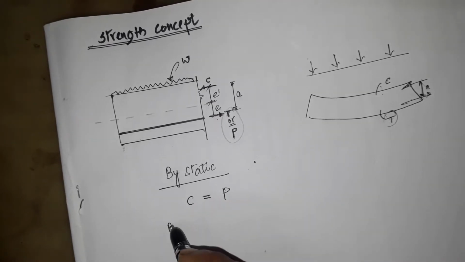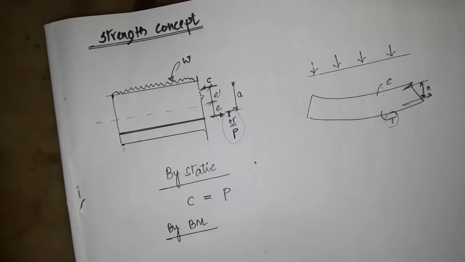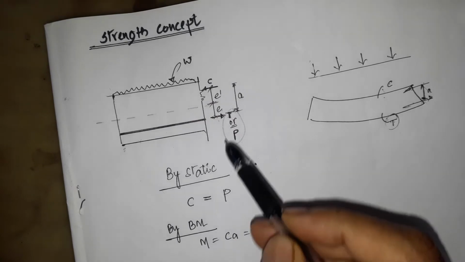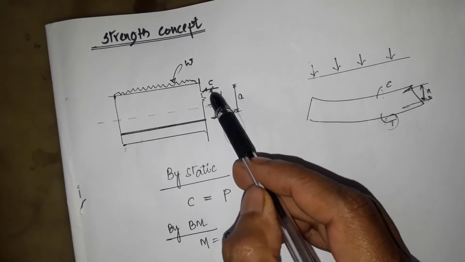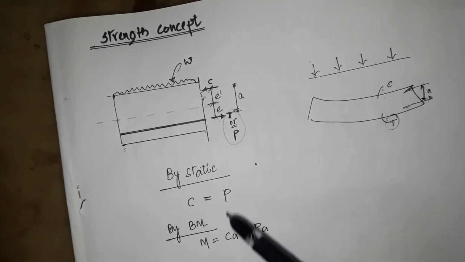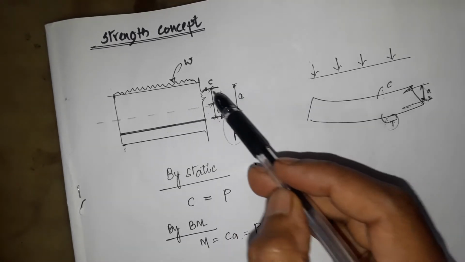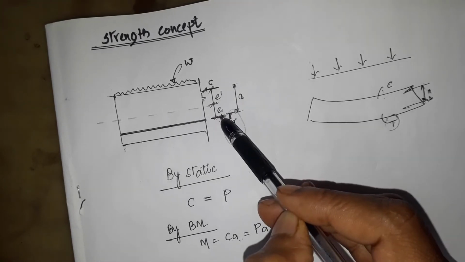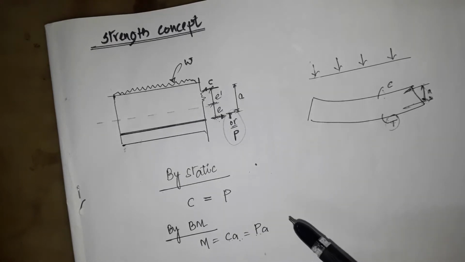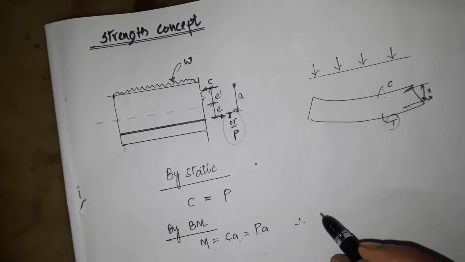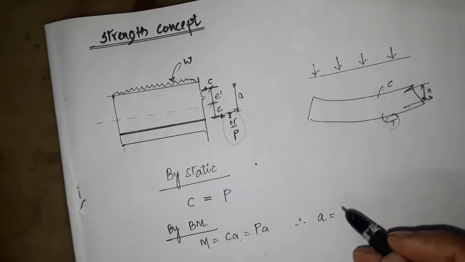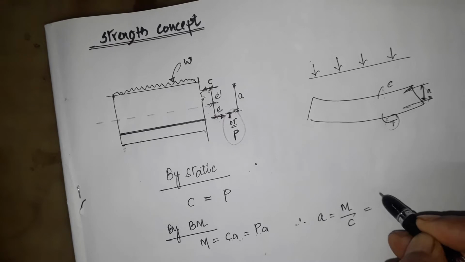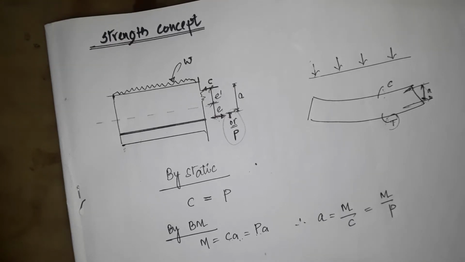Again by bending moment, M is equal to C into A or P into A. M is the bending moment: taking the moment of the compression force about tension, that is C into A, or taking the moment of the tension force about compression, that is T into A or P into A. Therefore I can write A is equal to M by C or M by P.